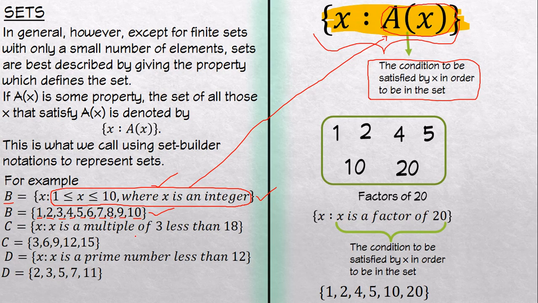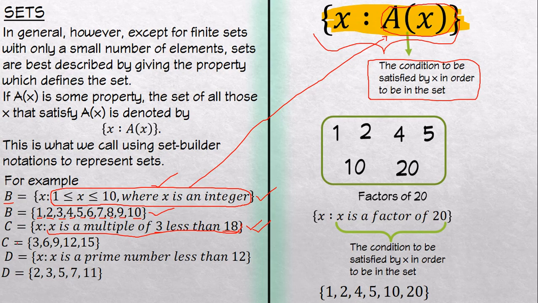Okay, so let us look at this second example. This is a condition that x will have to satisfy in order to be in this set. So x is a multiple of 3 less than 18. In order for an element to be in this set, it would have to be a multiple of 3, and it would also have to be less than 18.